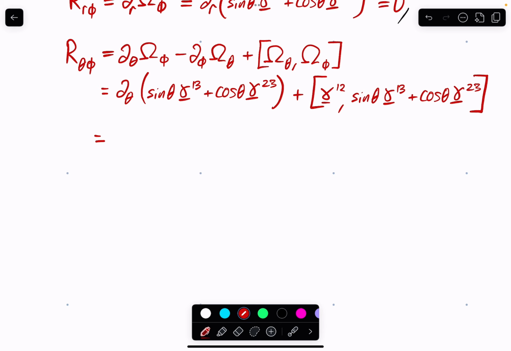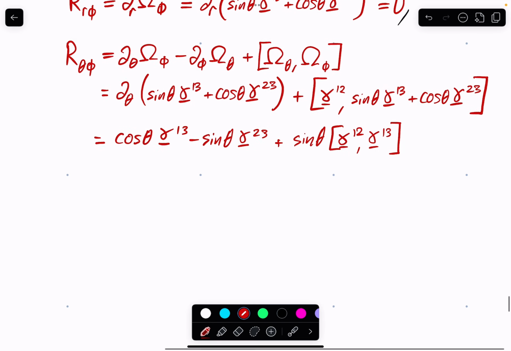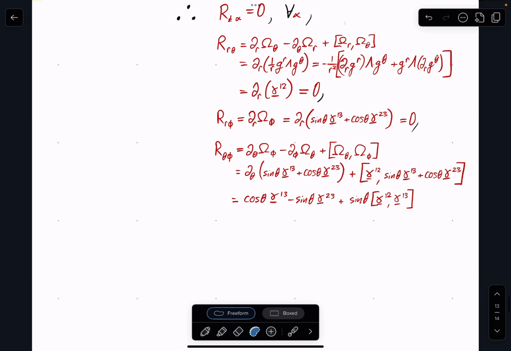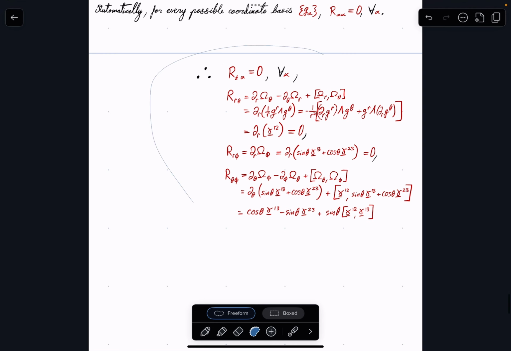And so we end up with cosine theta gamma bar 1 3 minus sine theta gamma bar 2 3, plus sine theta gamma bar 1 2 gamma bar 1 3, and then let's move everything over.